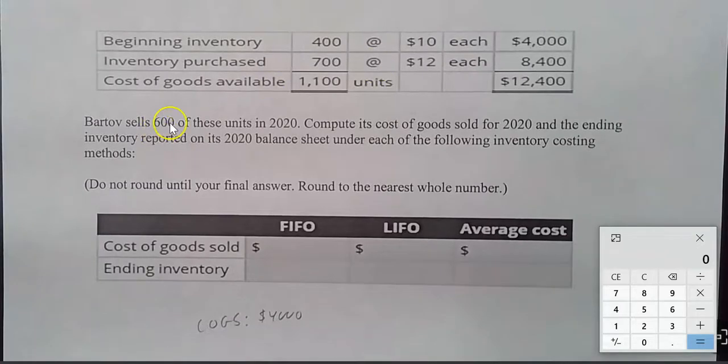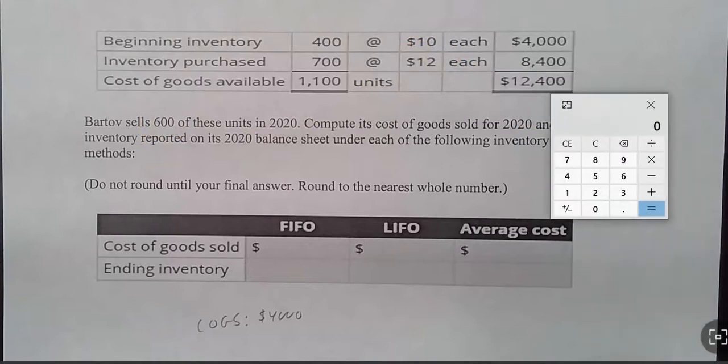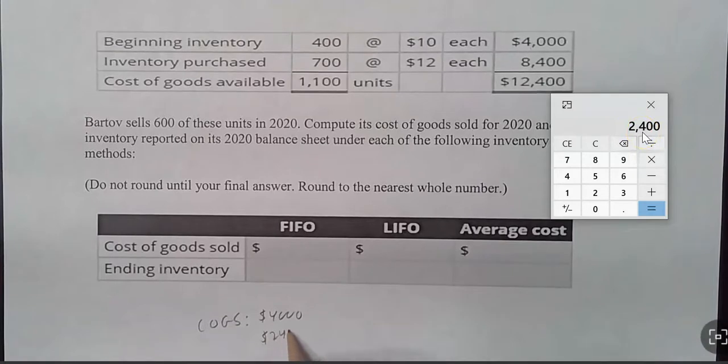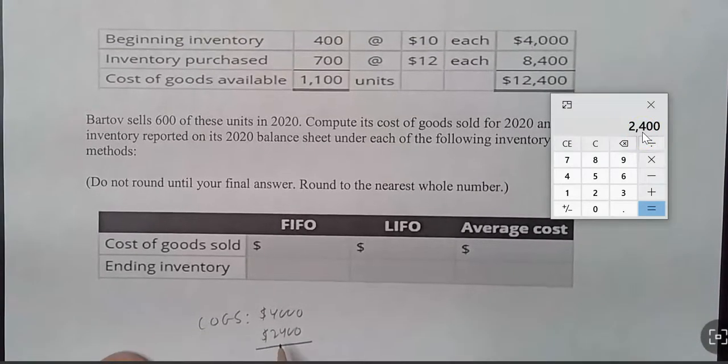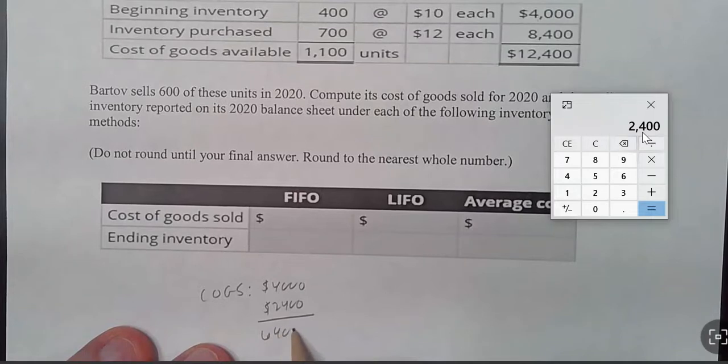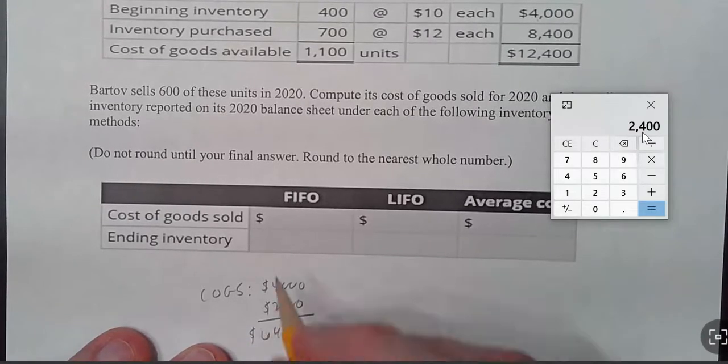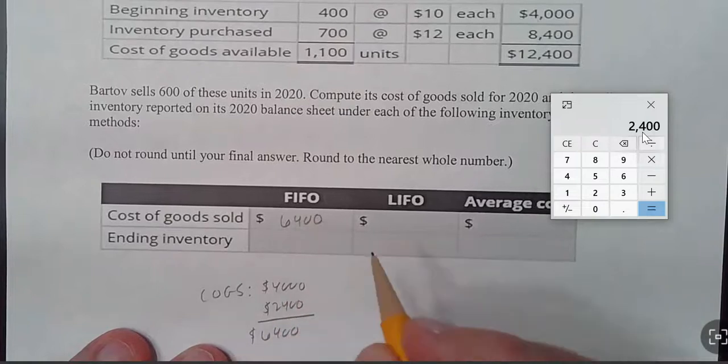But we also need to take 200 additional units of these 700 items at $12 a piece. So 200 units times $12 gives us $2,400. So our cost of goods sold under FIFO is $6,400, and we can go ahead and plot that right here.